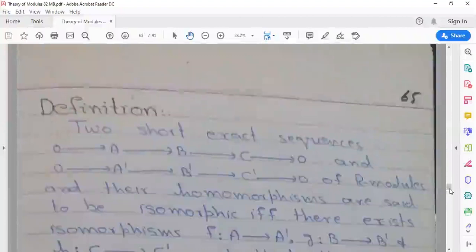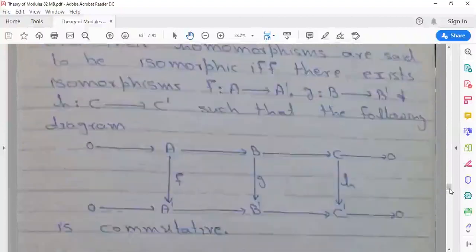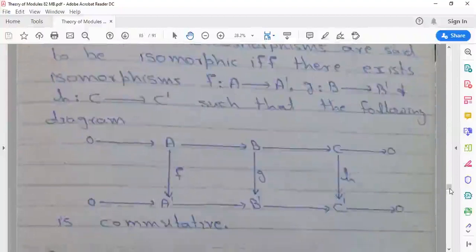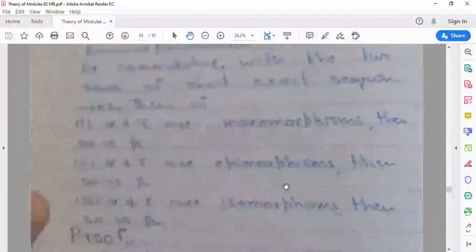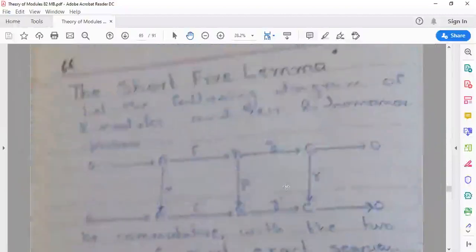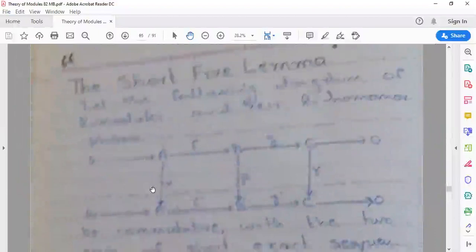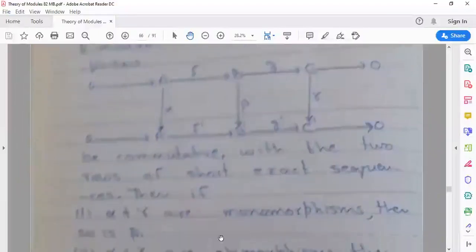This short five lemma contains this diagram. So this diagram is commutative with the two rows of short exact sequences.